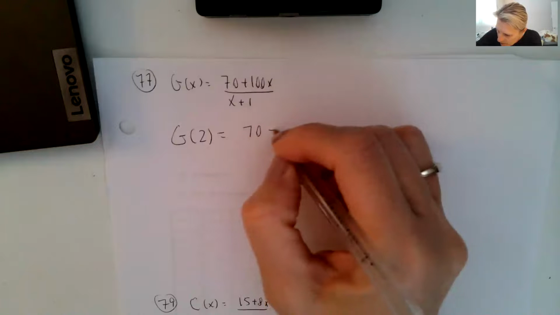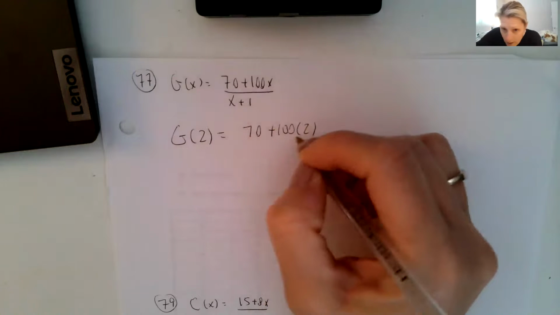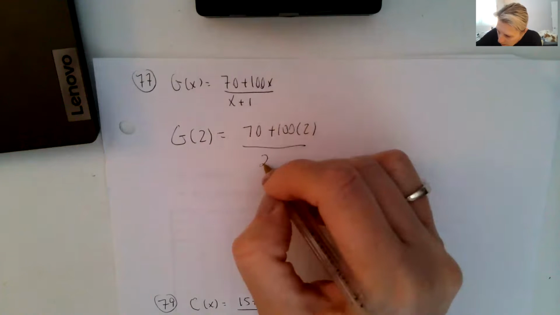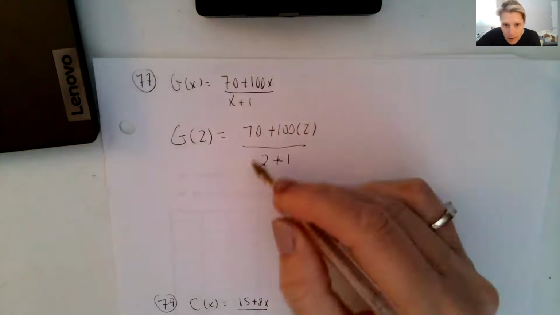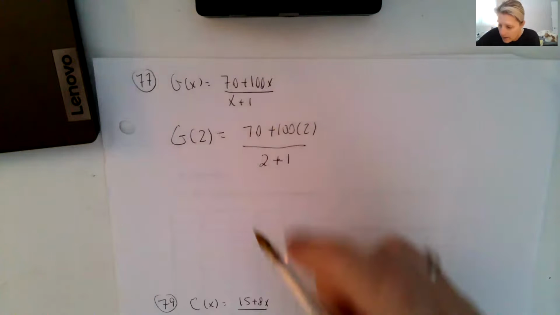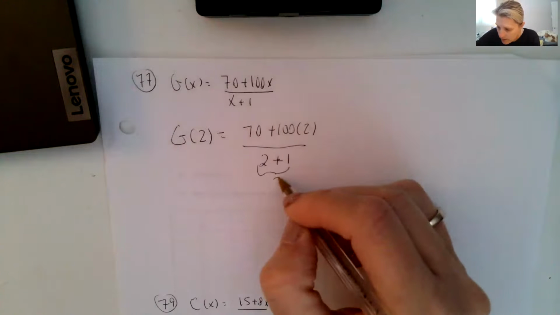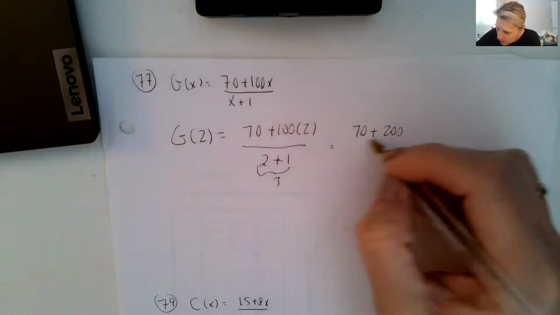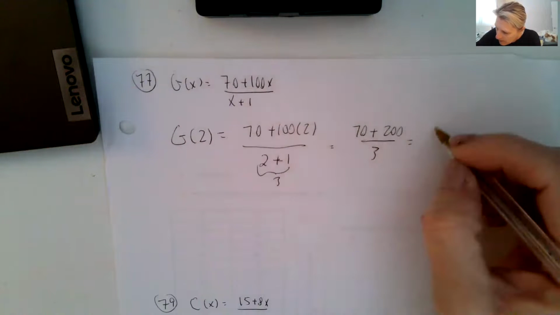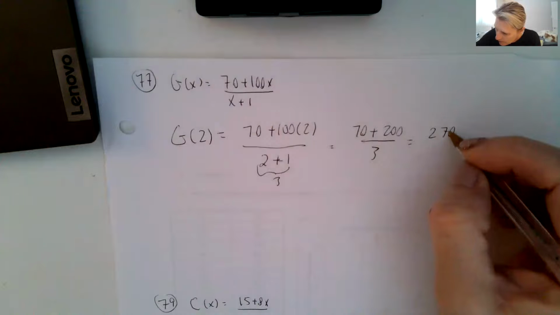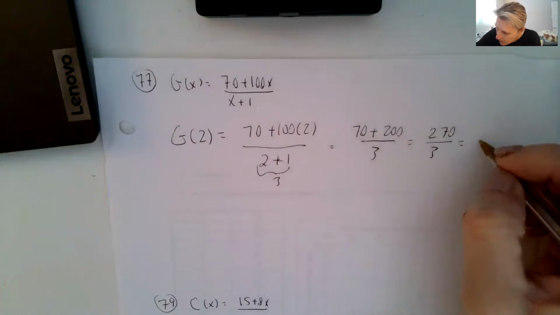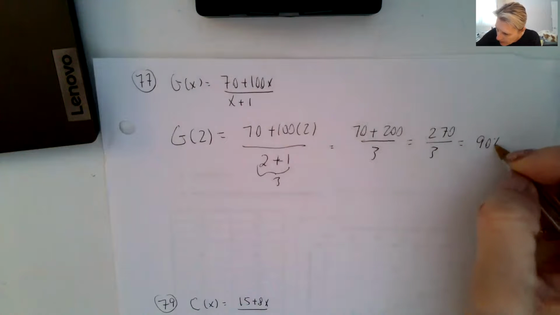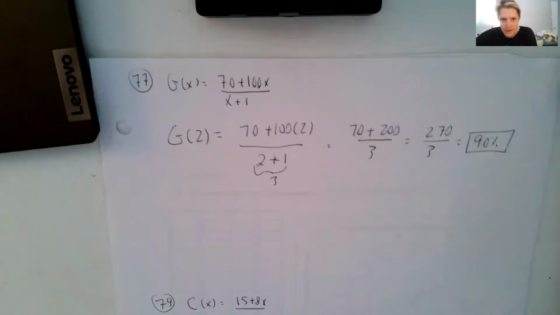It's 70 plus 100 times the 2 tests that we scored 100 on, over 2 plus 1, because it's an average and we're averaging the 3 tests, and that's why this is a 3. So this becomes 70 plus 200 over 3, and that becomes 270 divided by 3. And it looks like their average grade is a 90%. That's awesome.